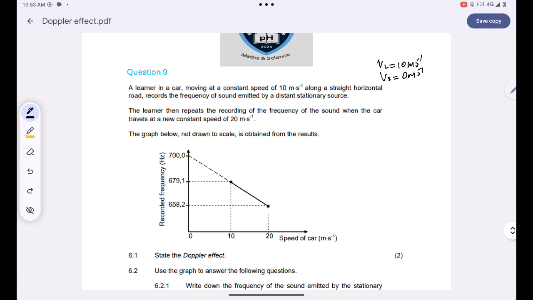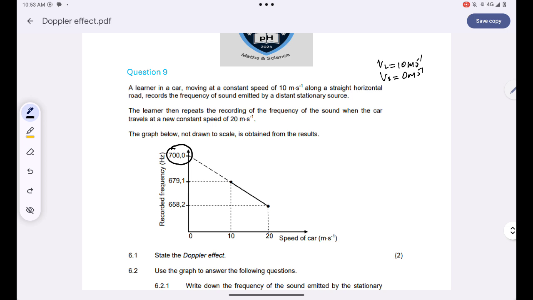And then we are told that the graph below, which is not drawn to scale, is obtained from the results. This is actually, guys, the frequency of the source. Are you together? This is the frequency of the source.